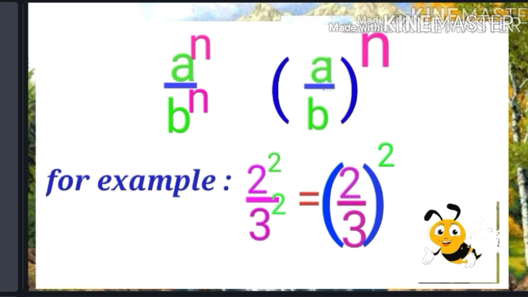Here both numbers are raised to power n and they are in division, so their powers are the same. So we write them in brackets and raise to power n. For example, you can see here 2 raised to power 2 and 3 also raised to power 2. That's (2 by 3) raised to power 2.